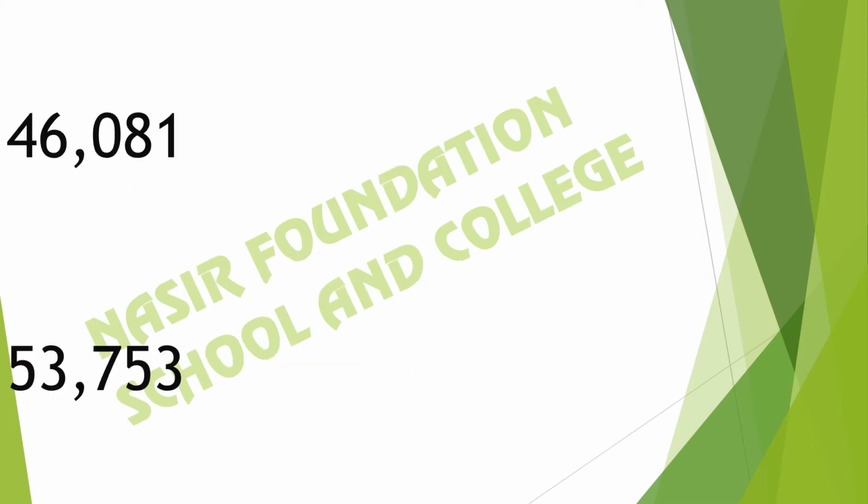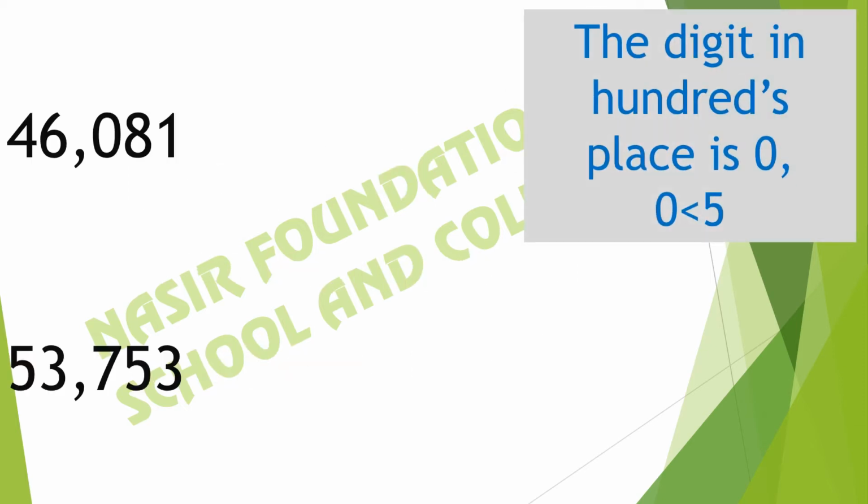To round off the numbers to the nearest thousand, we will see the digit in the hundreds place. That is 0, and 0 is less than 5. So, we will round this number as 46,000. I repeat, we will round it off as 46,000.